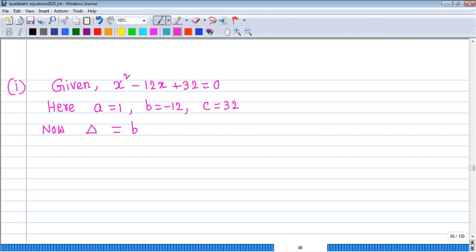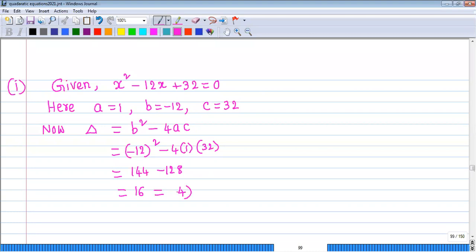What does delta stand for? b square minus 4ac. Minus 12 square minus 4 times 1 times 32. So 12 square is 144. Even negative 12 whole square also 144. 4 into 8 is 128. You will be getting 16. Am I correct? Yes, sir. 16 is a perfect square, 4 square.